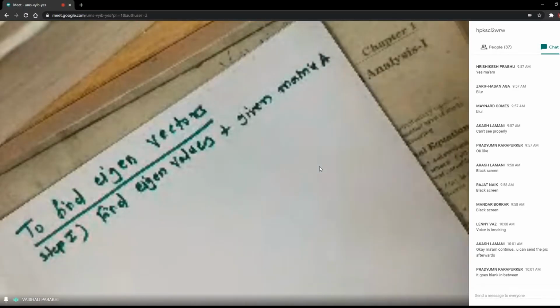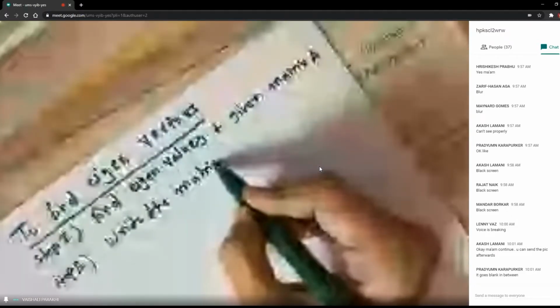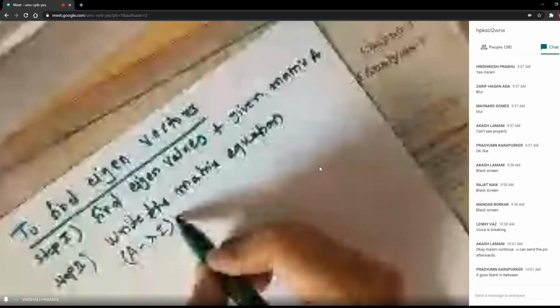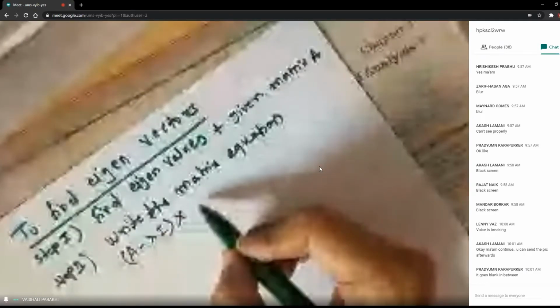Now the second step is write the matrix equation (A minus lambda I) x is equal to 0.